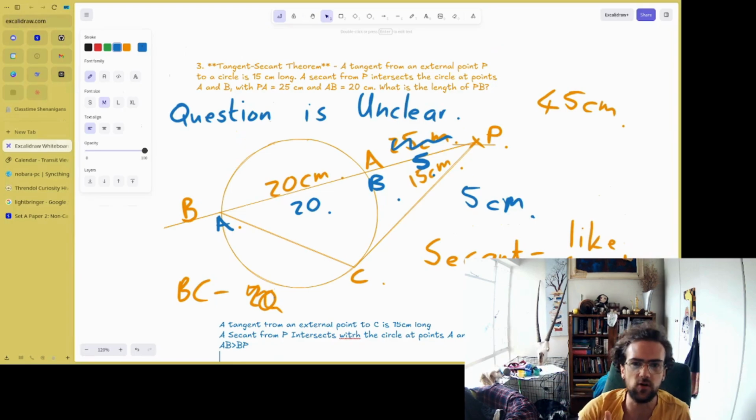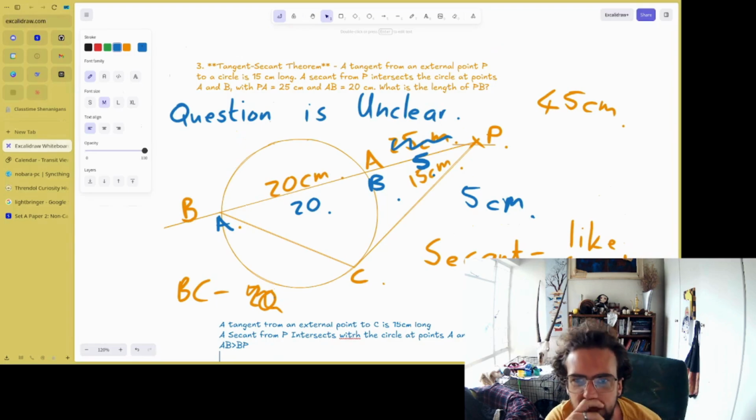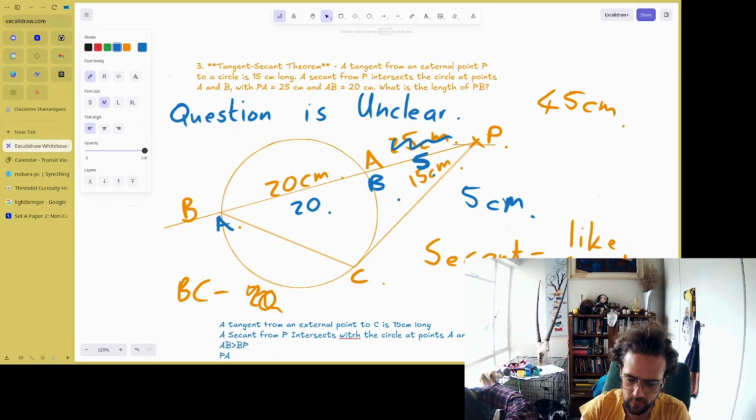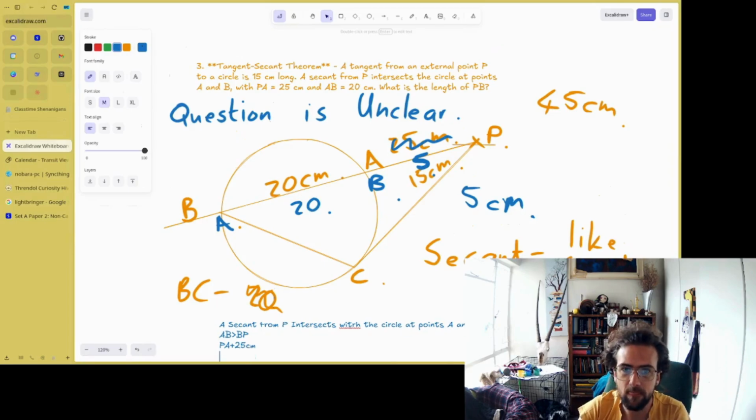So, a secant from P intersects a circle at points A and B, with PA equals 25 centimeters and AB equals 20 centimeters.